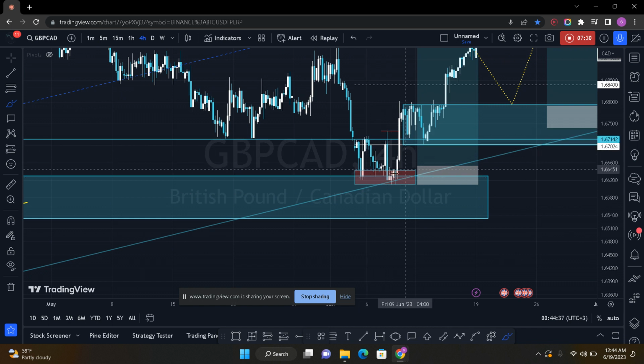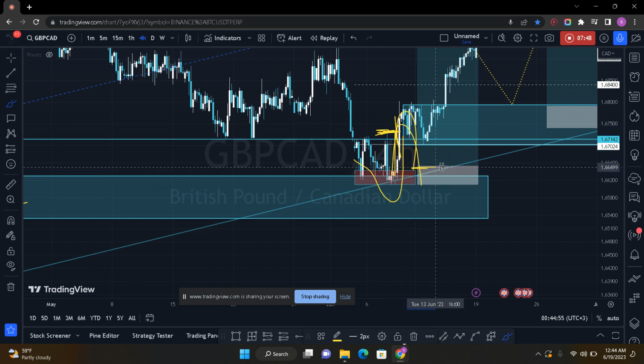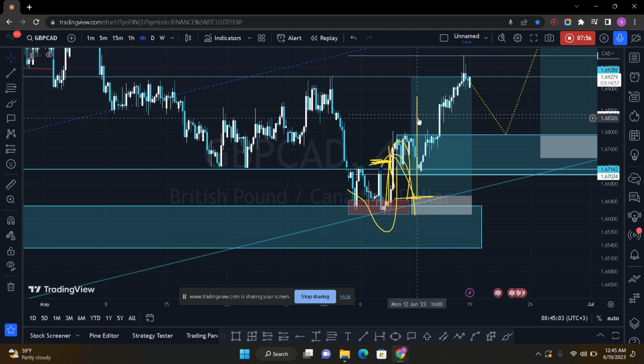I expected the price to break this high right here, visit my point of interest, bounce off, break this level right here, then retest the origin of this move. However, price did not give me this move back because I had my limit orders at this level. I was waiting for price to retest, then we have a blast off. However, I did not get that opportunity.